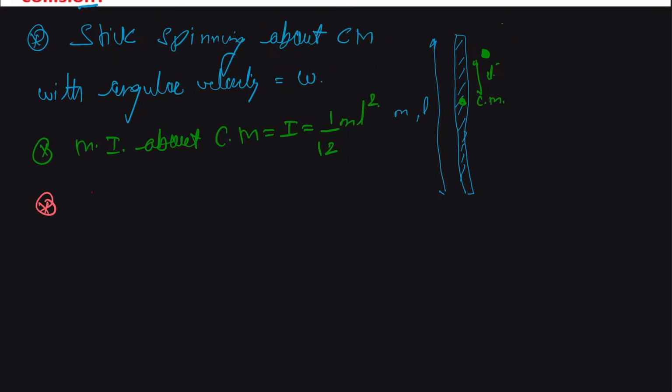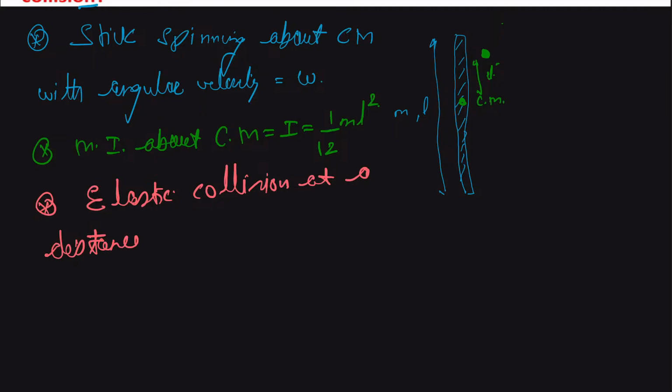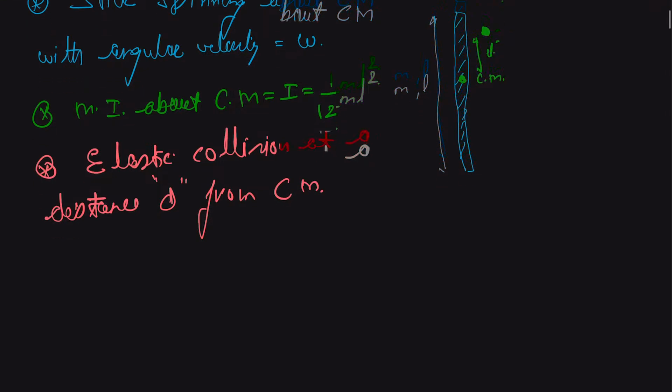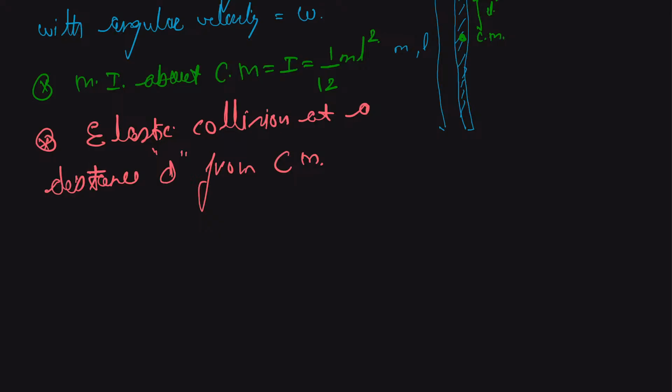So we can say that our elastic collision is at a distance d from center of mass, and we are supposed to find out this d. And we are also given that after collision the stick has no rotation and only translation motion is going to take place.